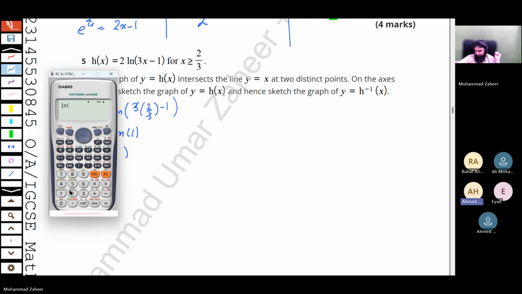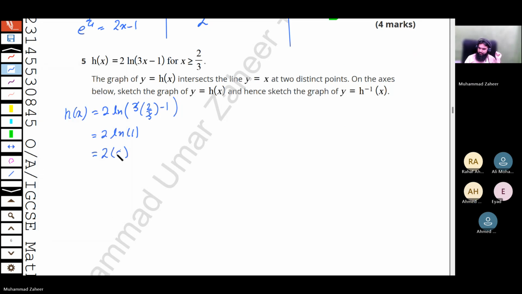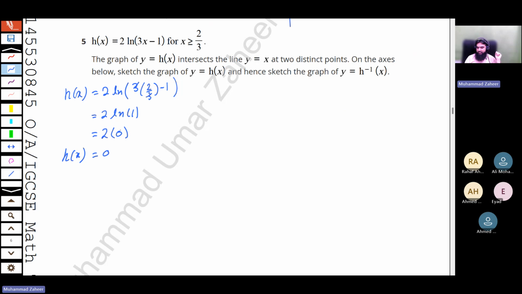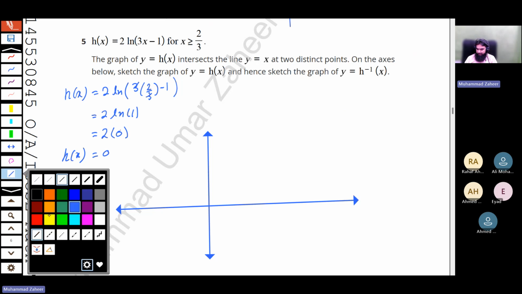Yes, it is 0. All right, so we are going to get 0. Basically, this is the point: the x value is 2 over 3 and the y value is 0. From here, the graph is going to start. So let's see how to draw the graph. First of all, y equals x is the line.